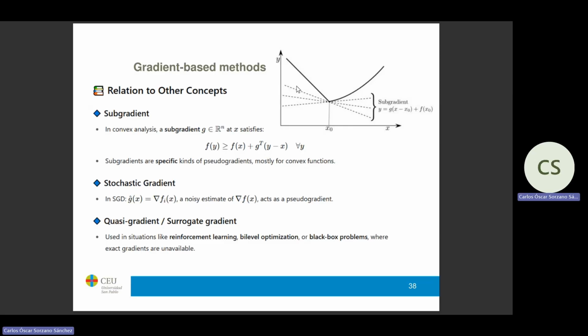So you also see that it is related to directions and linear approximations of the function. And there is the stochastic gradient, in which the gradient is a noisy estimate of the true gradient, and these quasi gradients or surrogate gradients. Okay.